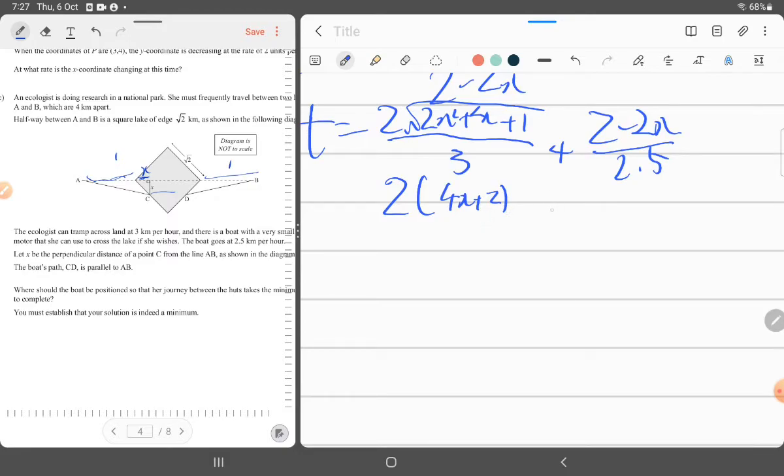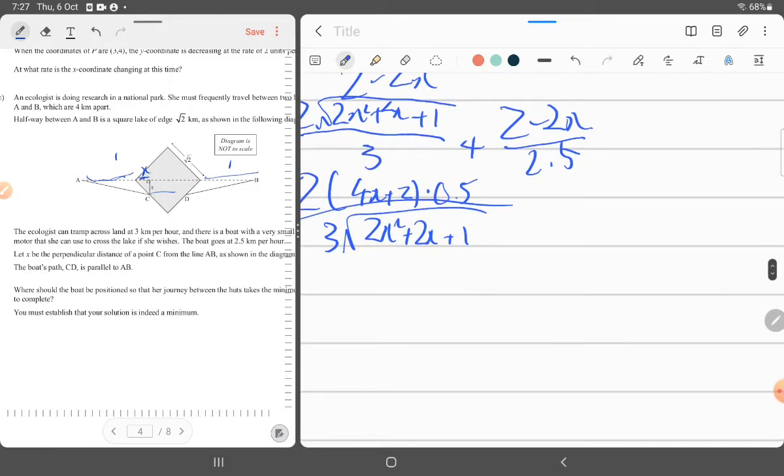Oh yeah, and then we've differentiated over 3 square root of 2x squared plus 2x plus 1, plus, actually that would be minus 2x over 2.5. Oh no, that's just minus. It's not 2, it's not x, minus 0.5.